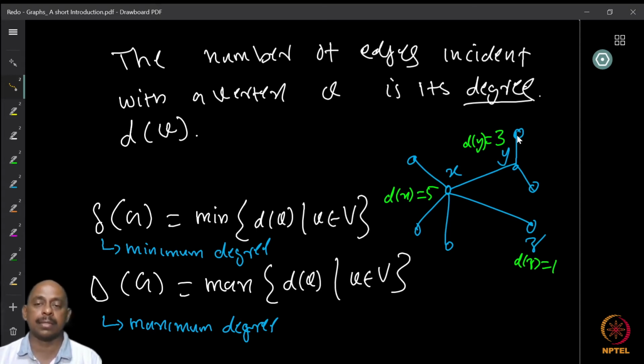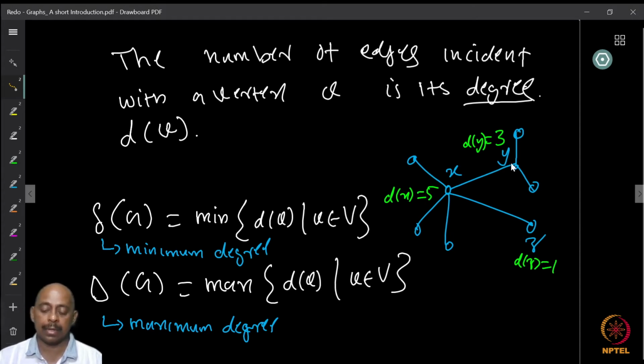If I had the set theory description, you would have to count how many occurrences of y there are as one of the endpoints. Here it's very clear. I have 3 edges incident with y, so the degree of y is 3. Similarly, if you take the vertex x, it has 5 edges incident with it, so its degree is 5. Similarly, the vertex Z has only one edge. Its degree is 1.